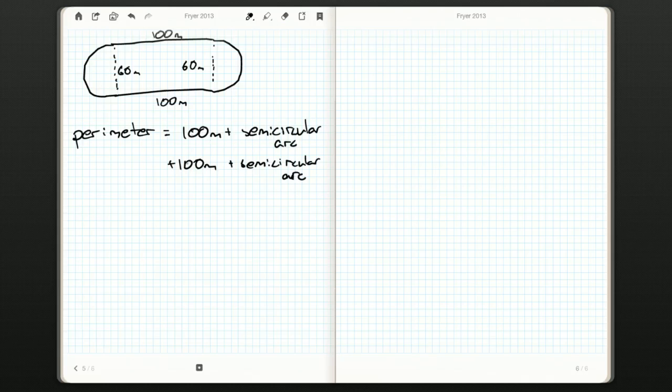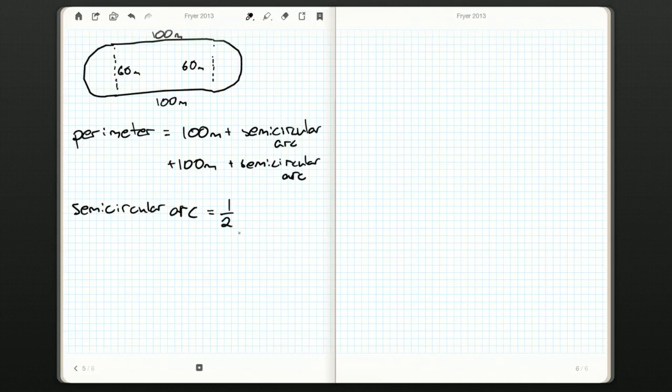Now these 100 meters, they're not that difficult to deal with, but the semicircular arcs, we need to figure out a formula for those. Well, fortunately, it's just going to be half of the circumference of a circle with diameter 60.